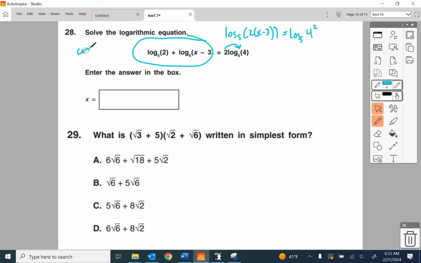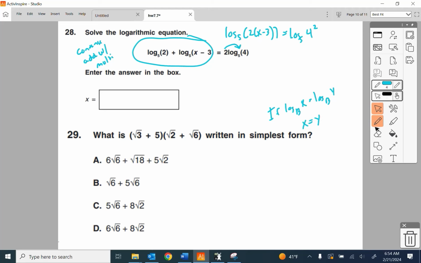And we condense addition with multiplication. So since I have a property that says if log base b of x is equal to log base b of y, x is y.